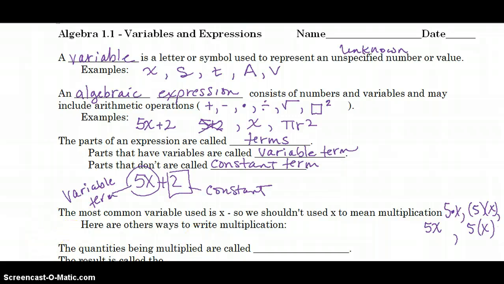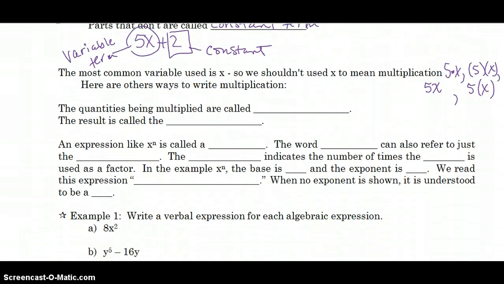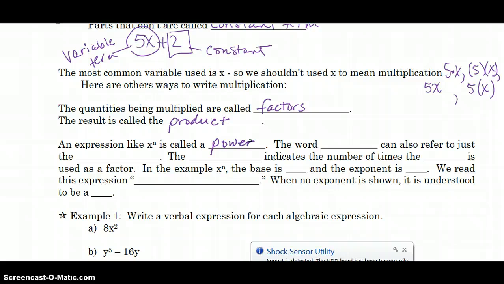The quantities being multiplied together are called factors. The result is called the product. The result of multiplication is the product. You should know that. An expression like xⁿ is called a power. By the way, this section is heavy on algebraic lingo, terms that we're going to need to know.